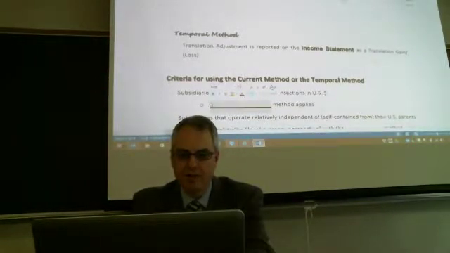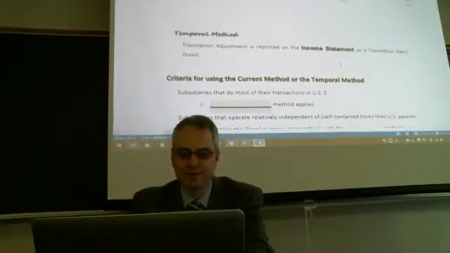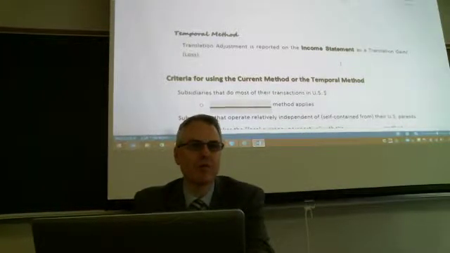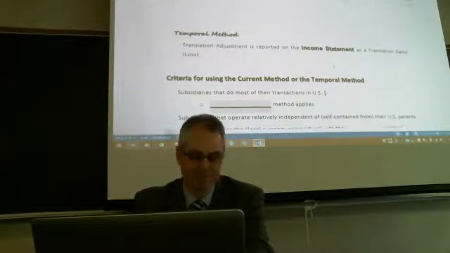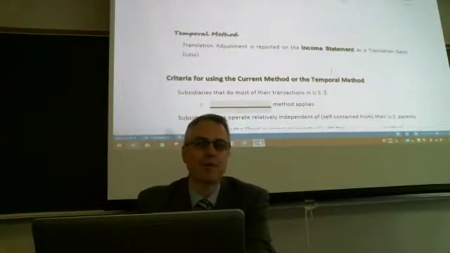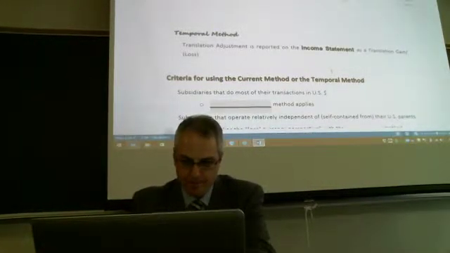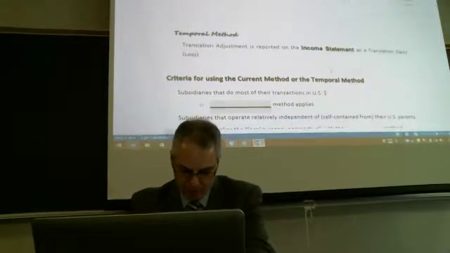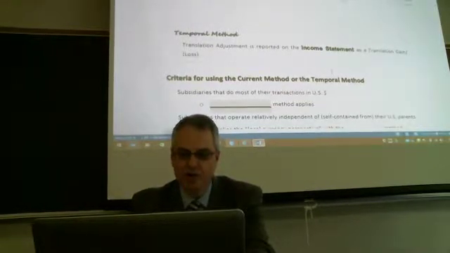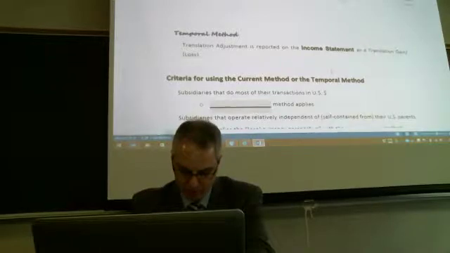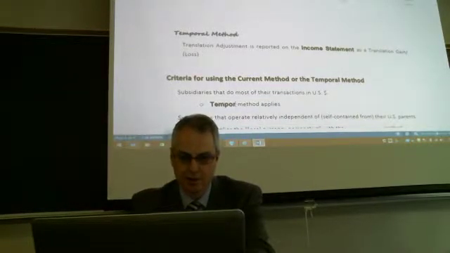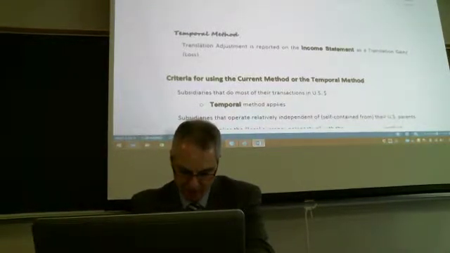So the criteria for using the current method or the temporal method. Why would you pick one or the other? Since both are acceptable, by the way. These are the two main methods out there, pretty much worldwide. For subsidiaries that do most of their transactions in US dollars, the temporal method applies.